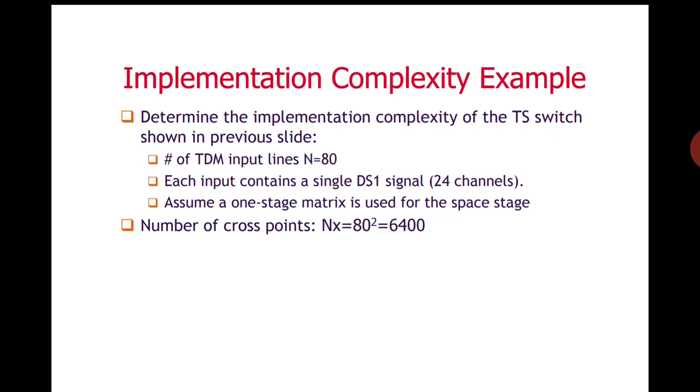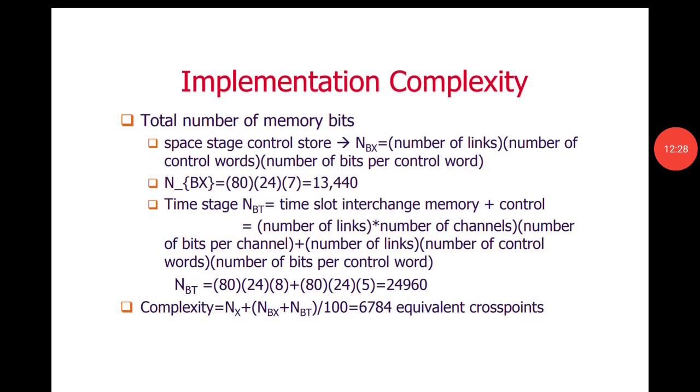For the space stage, the number of crosspoints nx is equal to 80 square, 6400. Implementation complexity: total number of memory bits, space stage control store nbx, number of links multiplied by number of control words.